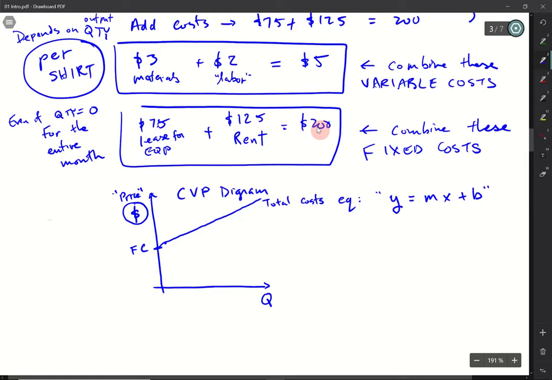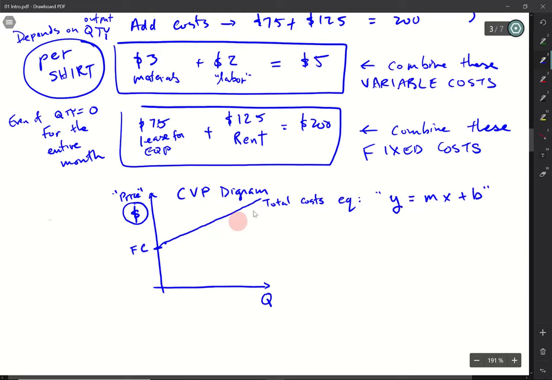In this case, 200, but it would pay whatever its fixed costs are. And then for every additional shirt sold, it would increase by the same amount, right? So we get a line. So we want to write this out as a line, okay?